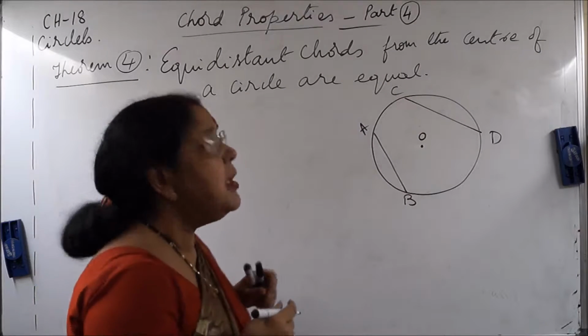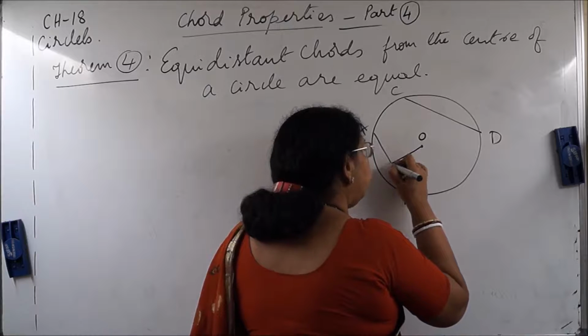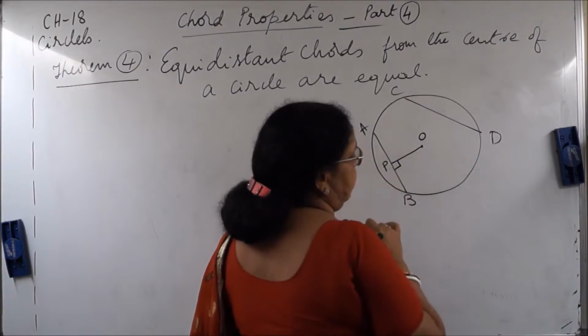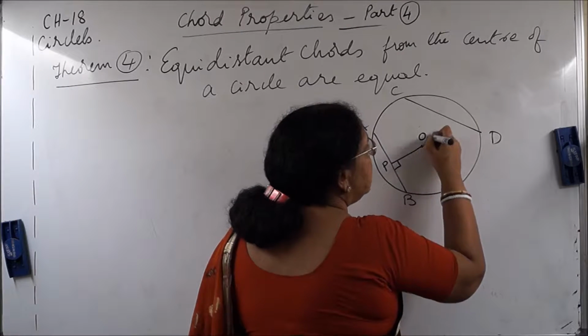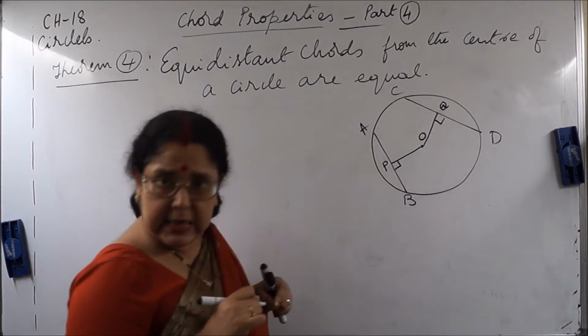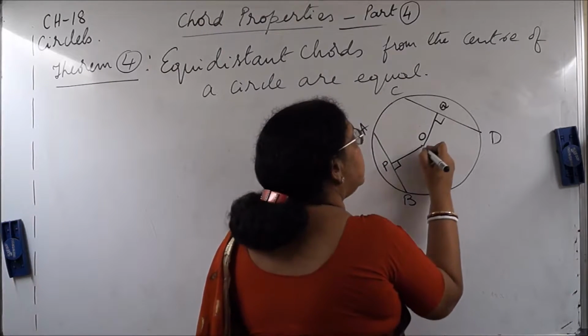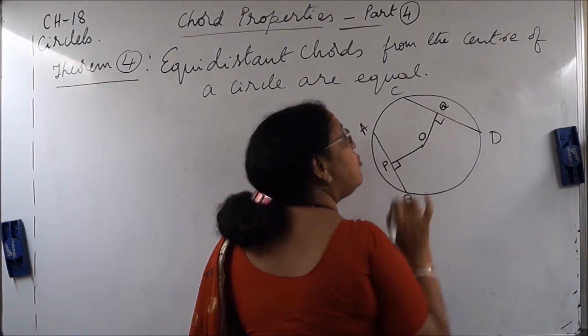If perpendiculars are drawn, that is OP perpendicular to AB and OQ perpendicular to CD, then because they are equidistant, we know OP is equal to OQ.